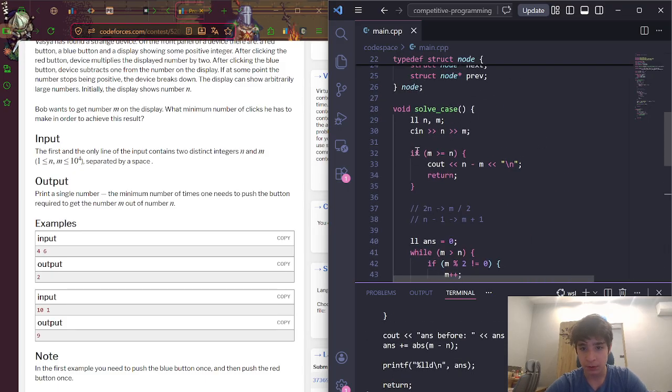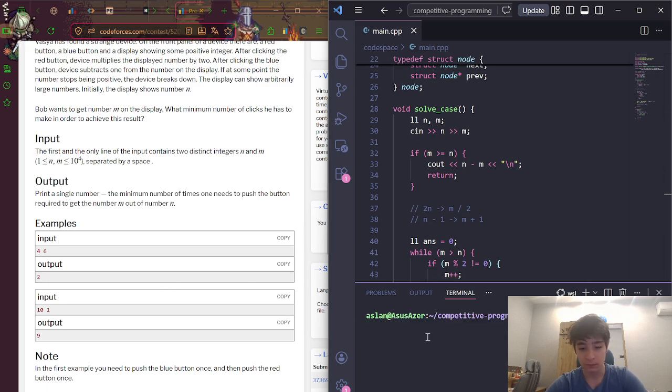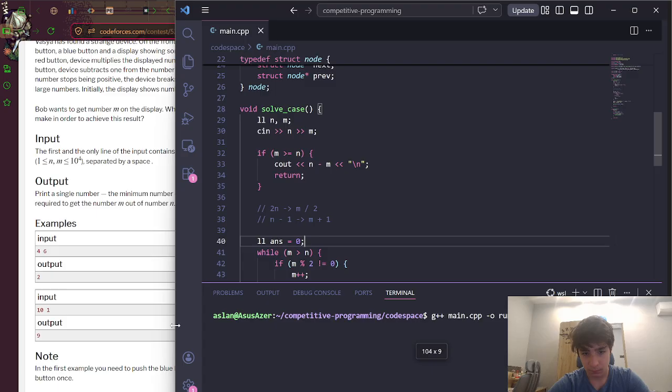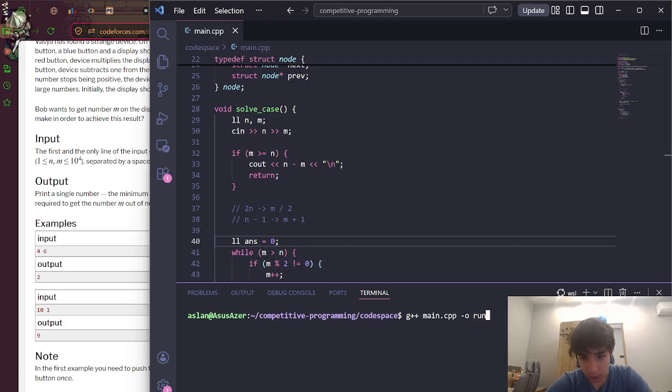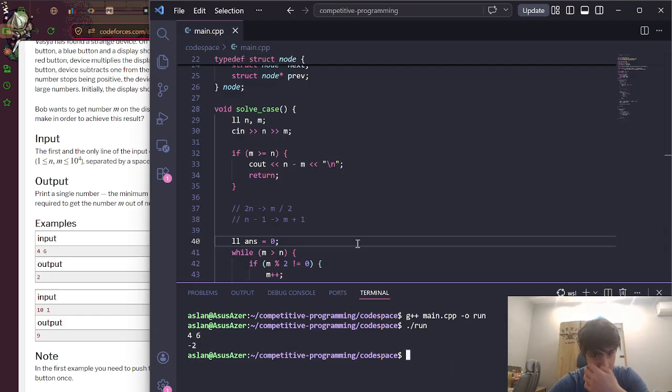I took input n, m. Why doesn't it read this? Run main.cpp and then run 4 and 6. It doesn't print this.